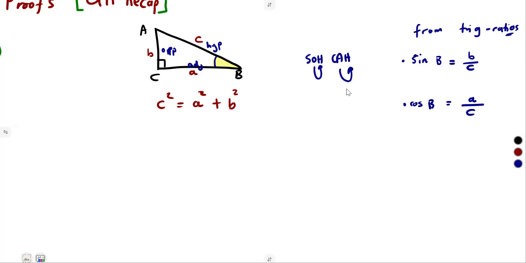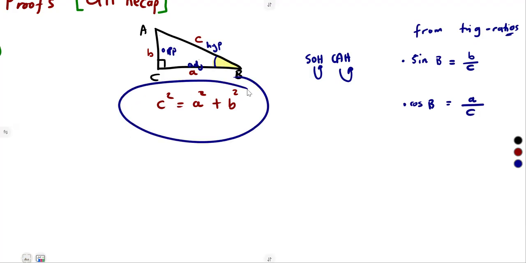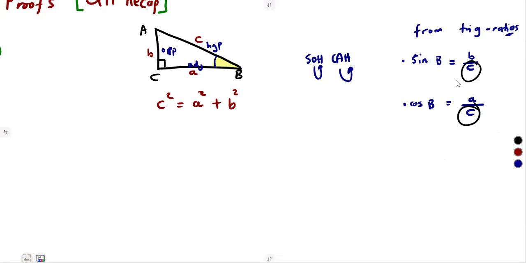If we are to consider here from our Pythagoras theorem, we have the C, which is in the denominator for both ratios. So from this, let's divide by C squared, because we have it in the denominator.